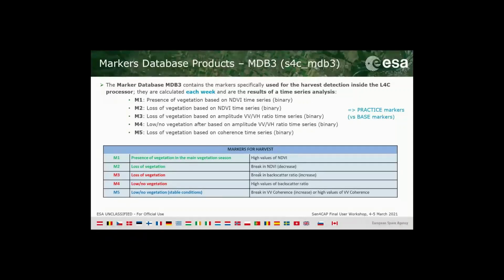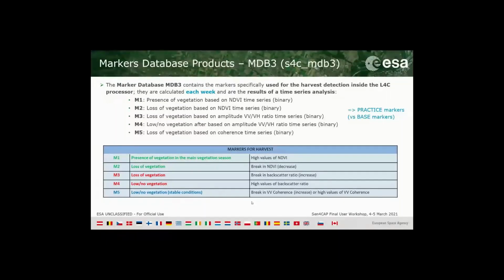The first one is an increase of the backscatter ratio during the week compared to the week before, which is a sign also of a loss of vegetation, and high values of backscatter ratio, which is also a sign of low or no vegetation on the ground, so that the backscatter signal is strong.